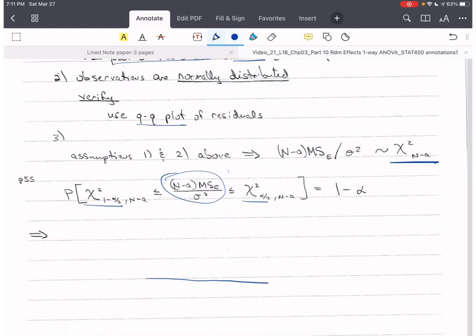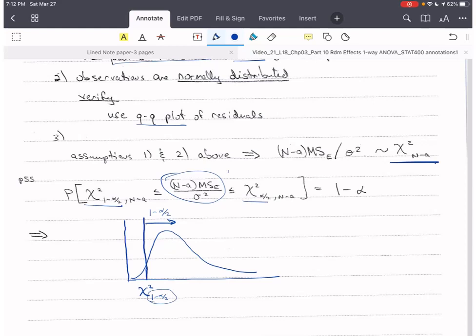Why? Well, let's look, if I can draw it decently, at the chi-squared distribution. It's a skewed distribution, and 0 is here. By the definition of the critical value, if this is chi-squared 1 minus alpha over 2, then the area to the right is 1 minus alpha over 2. Whatever the subscript is here, this is the area to the right or above it.